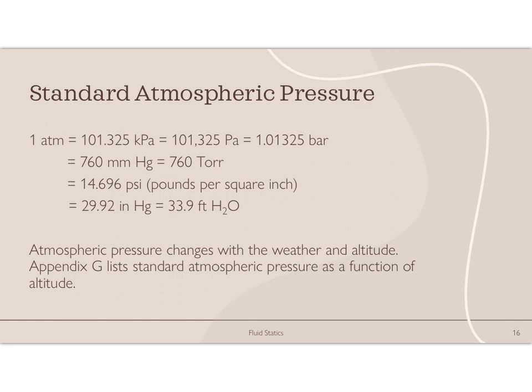Now, we do know that atmospheric pressure changes with the weather. It also changes with altitude. If you're working far from sea level, up in the mountains, Appendix G is going to list standard atmospheric pressure as a function of altitude, and that can be quite useful also.